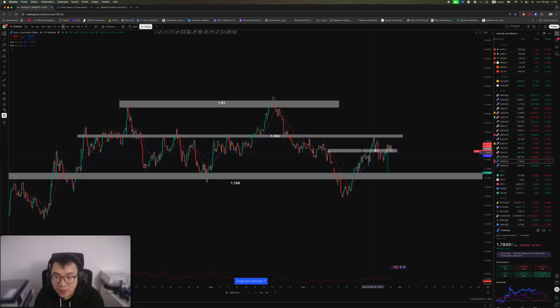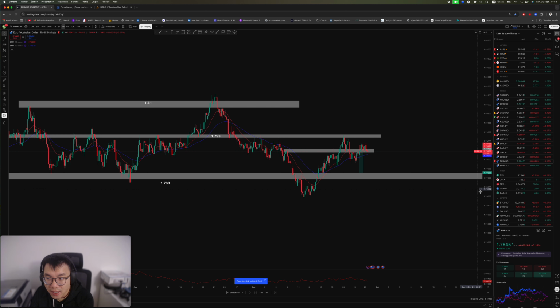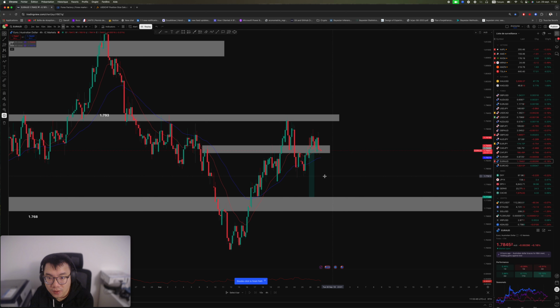And then when price came back and retested this 179.3 level and also rejected once again, I thought that okay, the selling pressure is still there. So again I took a shot there. So you see the break and retest setup.